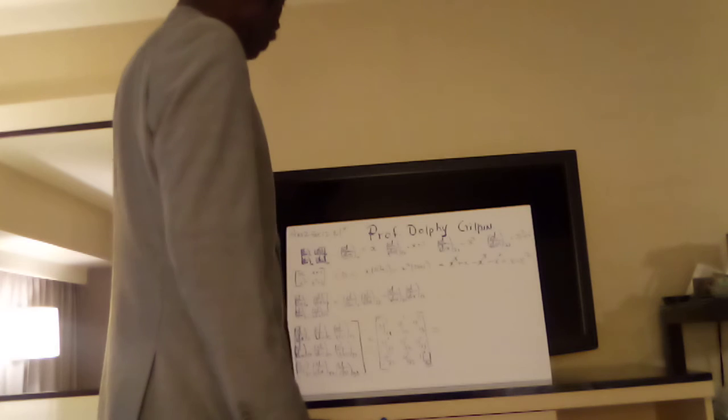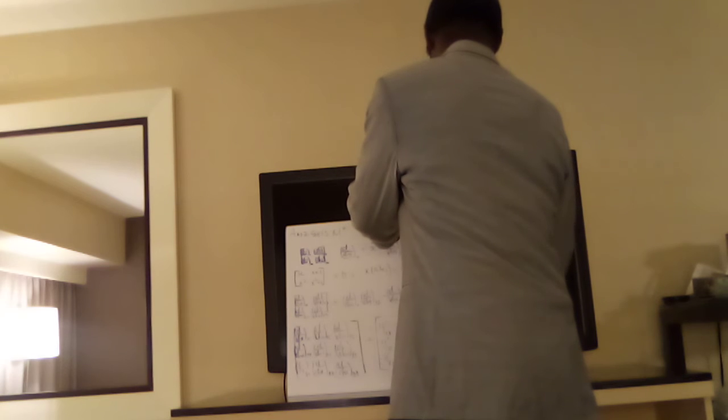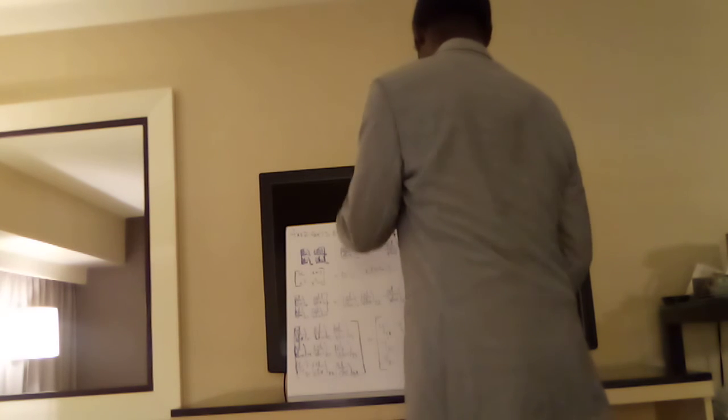Now if we do the determinant of this 3 cross 3, we want to find D. As a separate thing, this is just a matrix. Let me try to make some space here.